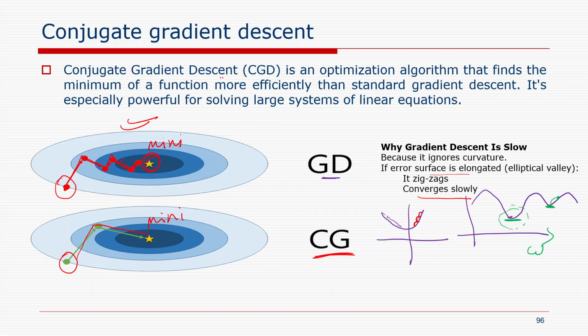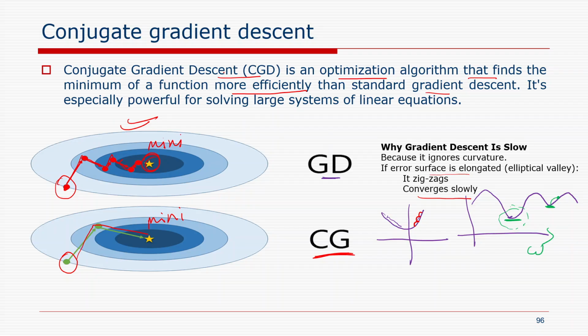That is, conjugate gradient descent is an optimization algorithm that finds the minimum of the function more efficiently than standard gradient descent. Gradient descent also will give me the result, but it converges very slowly.